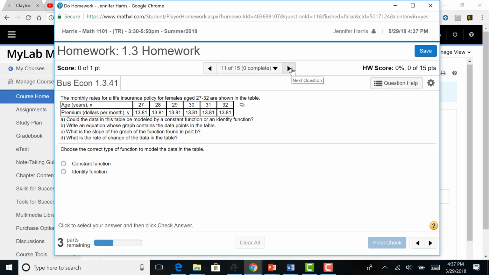Here's the identity function. If you plug in a 1, you get a 1. Identity means that they're identical. So if you plug in a 2, you get a 2. You plug in a 3, you get a 3. Plug in a 4, you get a 4. That's the identity function. x and y are both the same. Whatever you plug in, you get the same number out.